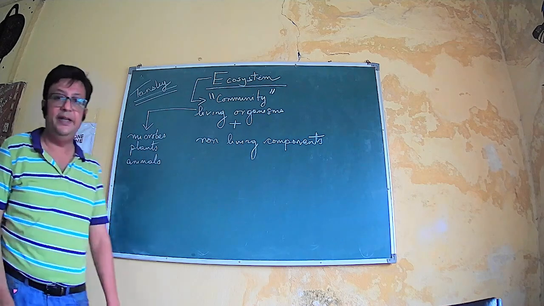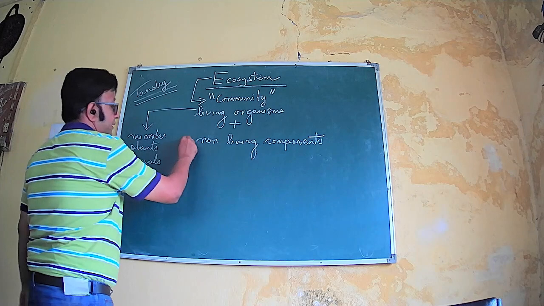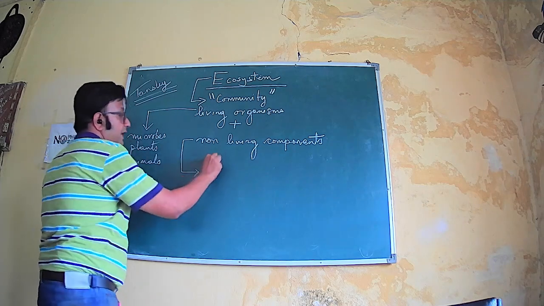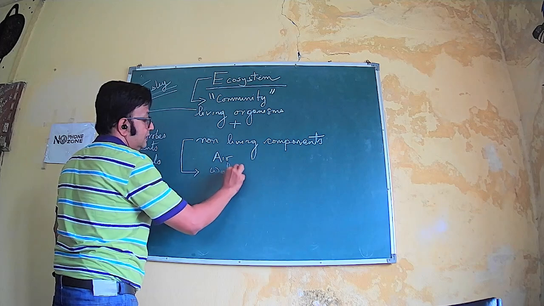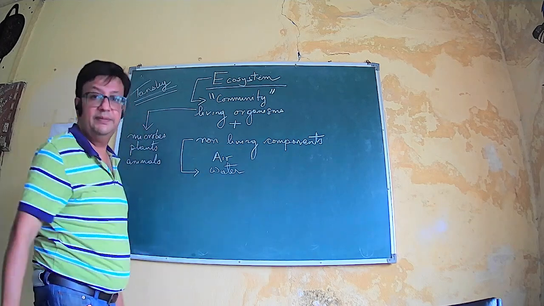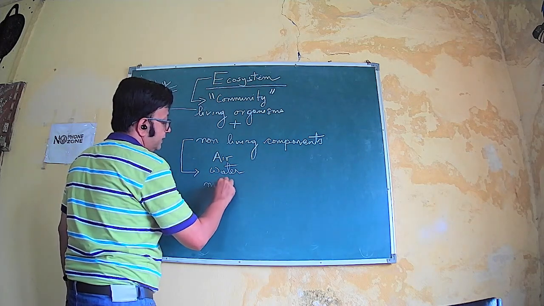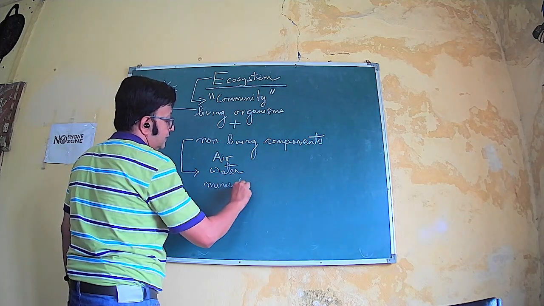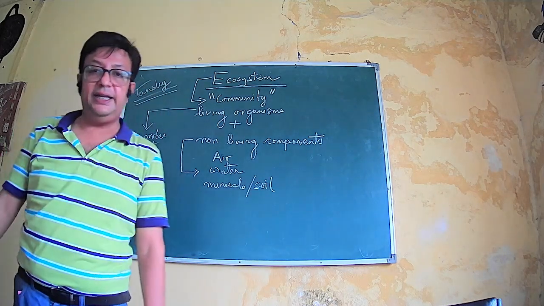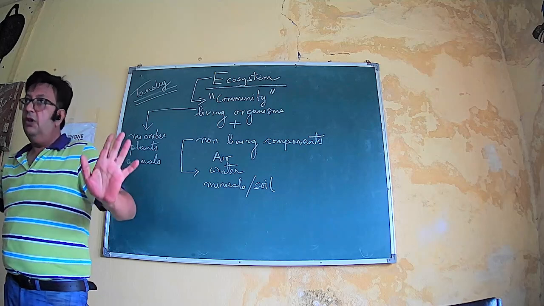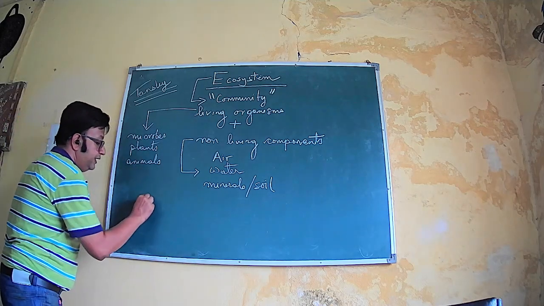So they are the living things, and the non-living components you can call air, water, soil, minerals and soils. So basically these are all the components.